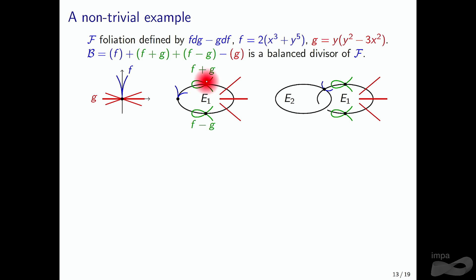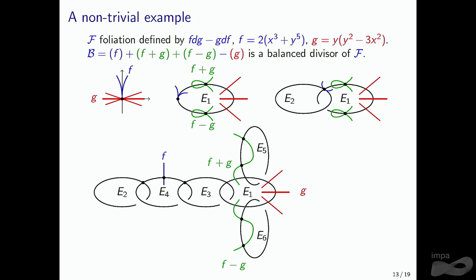But there are two more singular points here that correspond to a double point of two fibers, F plus G, F minus G. When we blow up the point on the cusp, we obtain a second divisor, E2, and here a parabola. And if we make the remaining blow-ups to obtain the desingularization, we obtain this picture.